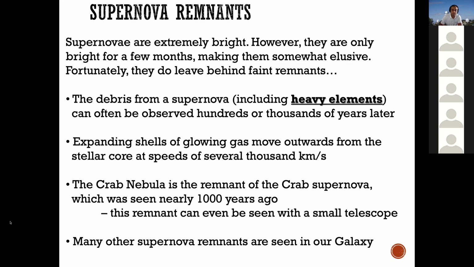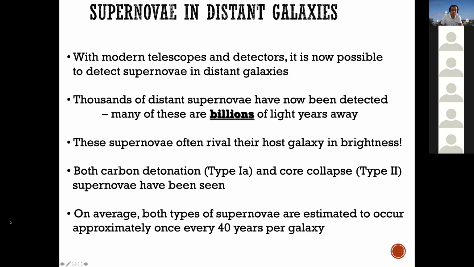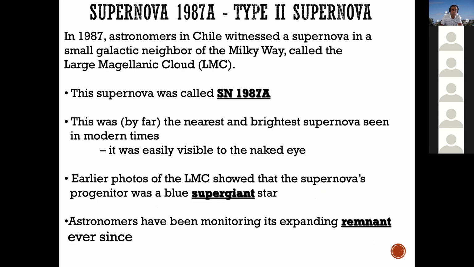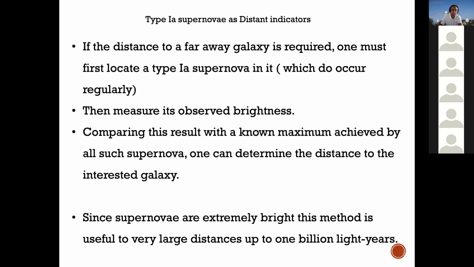Now, so where we stopped is right here. So we discussed specifically type 1A supernova, because these types of supernovas are considered for measuring distances, right?